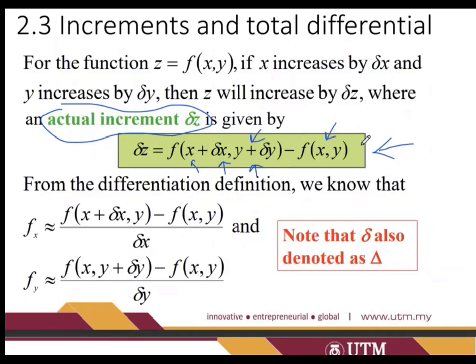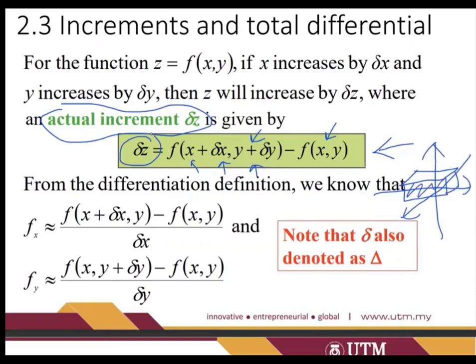But that one is just one value, right? How about if you have a function of two variables? You will do like this: f(x plus delta x, y plus delta y) minus f(x,y). So you will know what is del z. You have 3D, a function of three variables, like you have this box, for example.